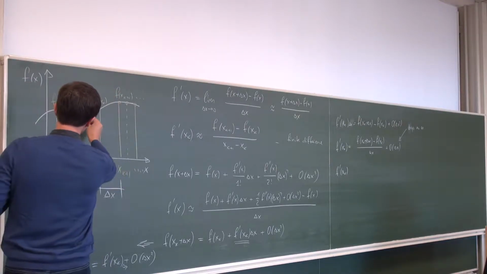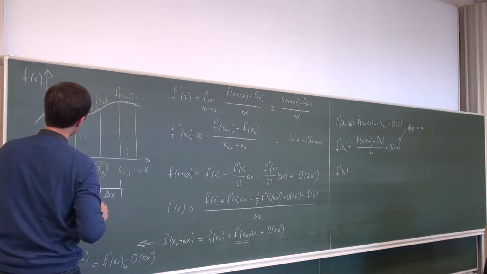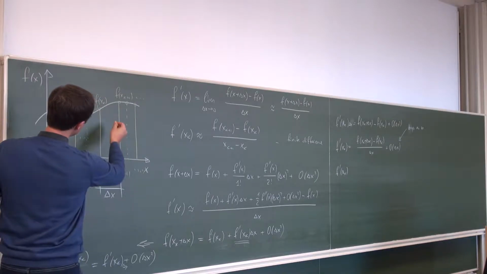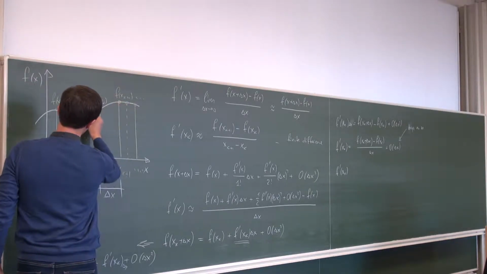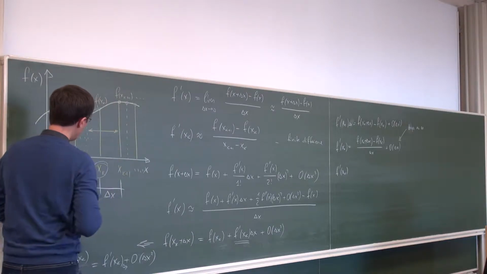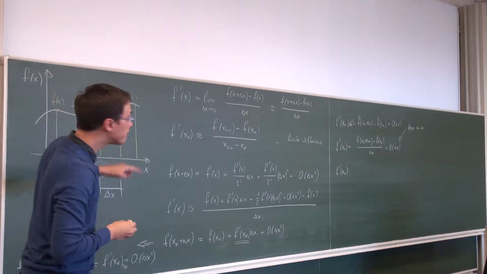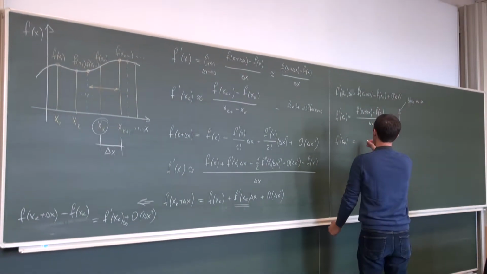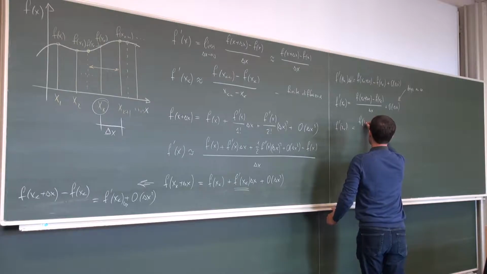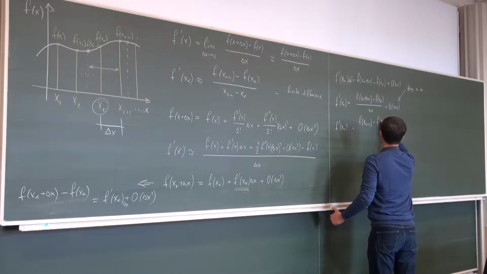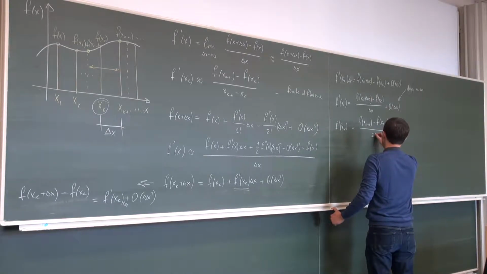And what we will do is we will estimate the derivative here as a difference between this and this divided by this interval, which is 2 delta x. So what it will be is f of xk plus 1 minus f of xk minus 1 divided by 2 delta x.